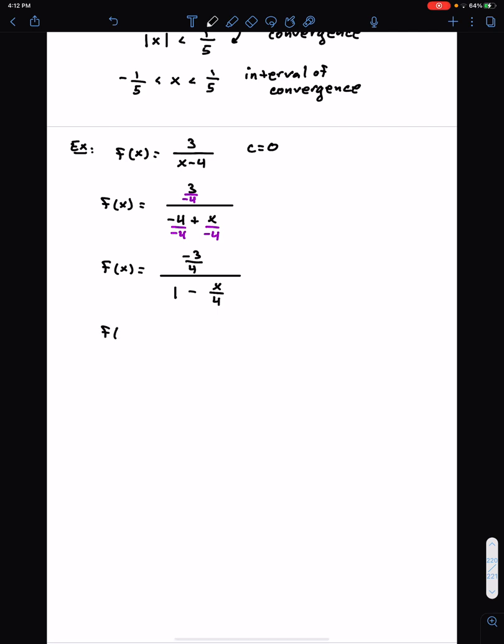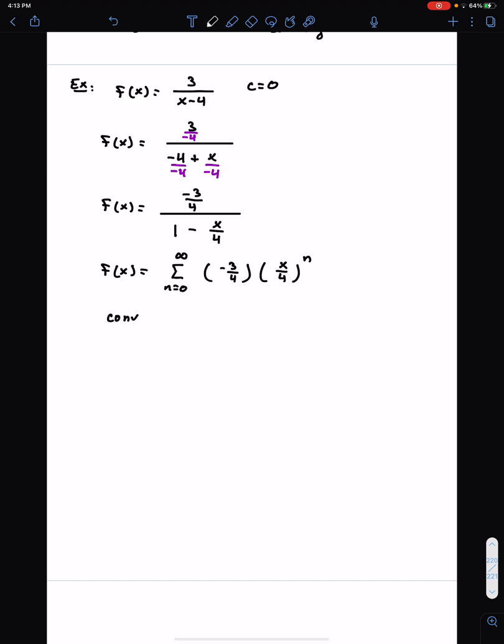So I can rewrite this function as a series from 0 to infinity of a r to the n. So negative 3 over 4, r is x over 4 to the nth power.